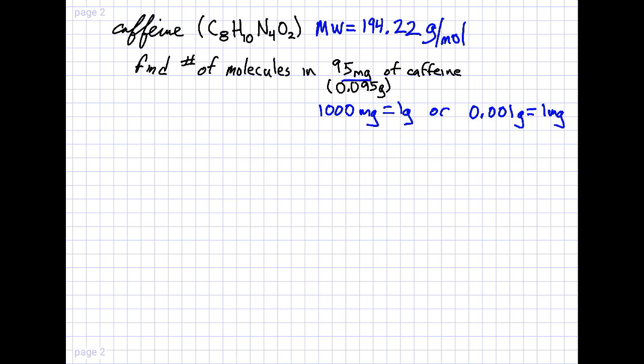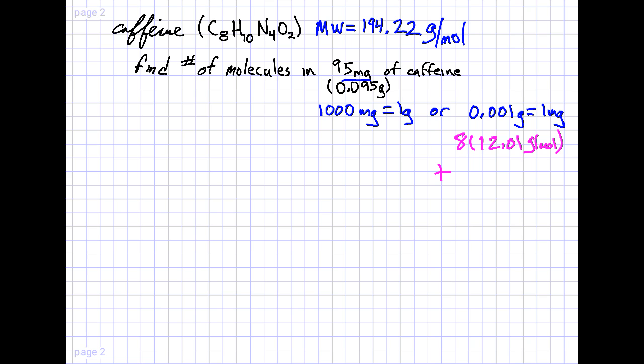So if that's not given to you, recall that you would just take the number of carbon atoms, so we have 8, multiply it by the atomic weight, which is 12.01 grams per mole, plus the number of hydrogens.